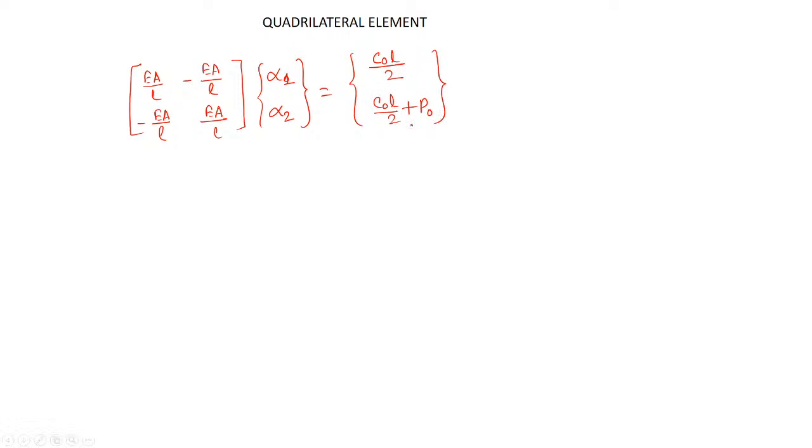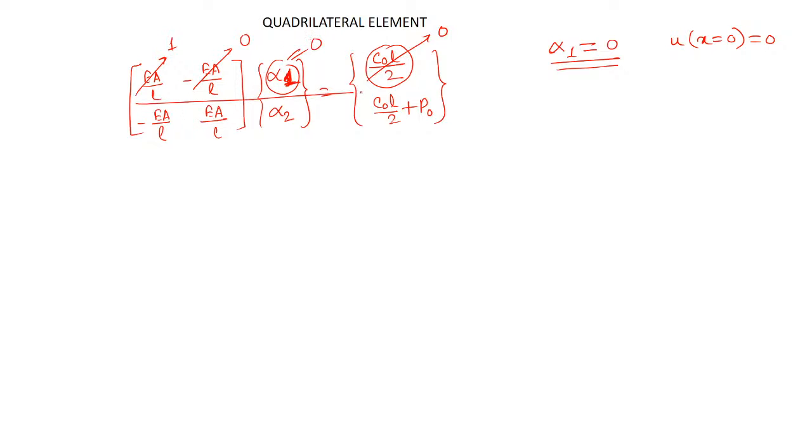Because we need to ensure alpha 1 equal to 0, because u at x equal to 0 is 0. If alpha 1 has to be 0, then we are putting this term as 1, this term as 0. That makes it alpha 1. But in the right hand side we have a term which is non-zero, so we have to make it 0, otherwise we will not get alpha 1 equal to 0.